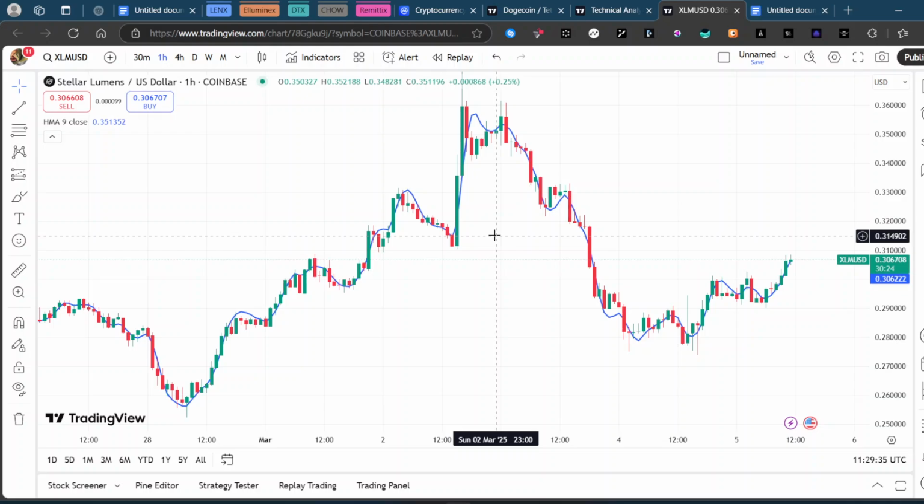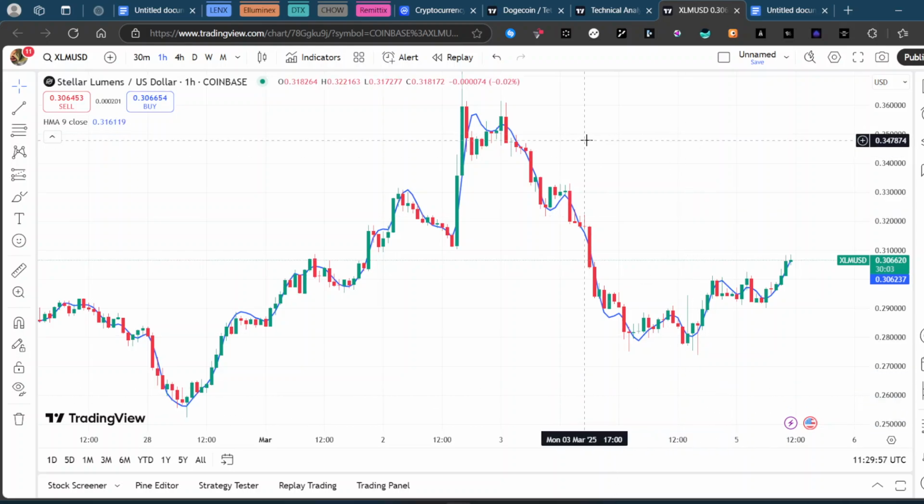Because of its speed, the HMA is great for identifying trend direction, reversals, and entry points with fewer false signals.